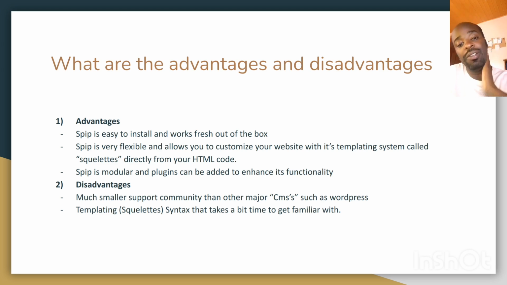There is a core group of developers that work on it, that release versions every 3 months, 4 months or so. Another disadvantage is that the templating syntax is a Spip-created syntax, so you're gonna have to learn it if you want to integrate Spip code within your HTML templates or other templates like that.